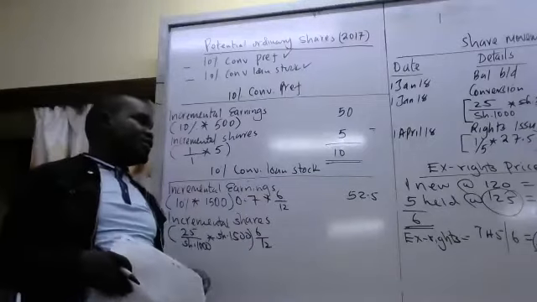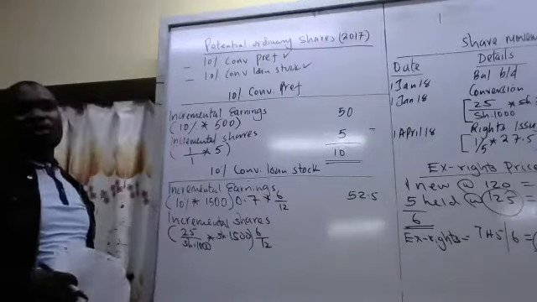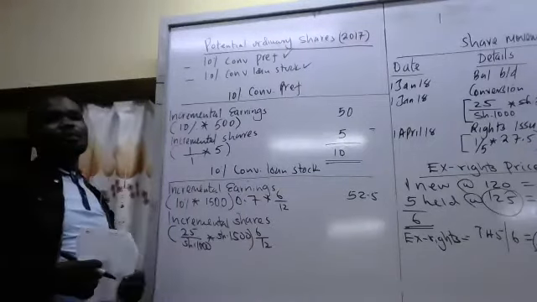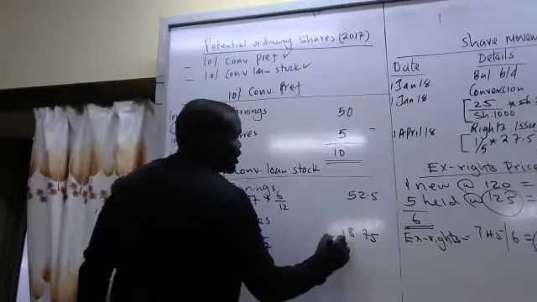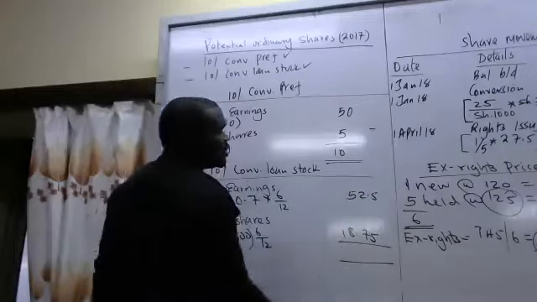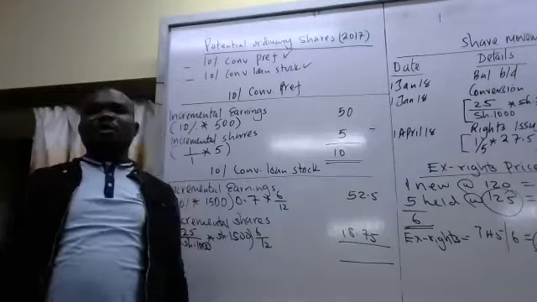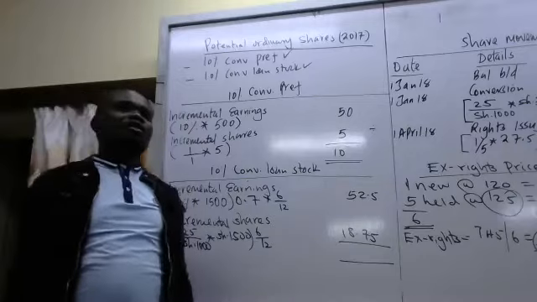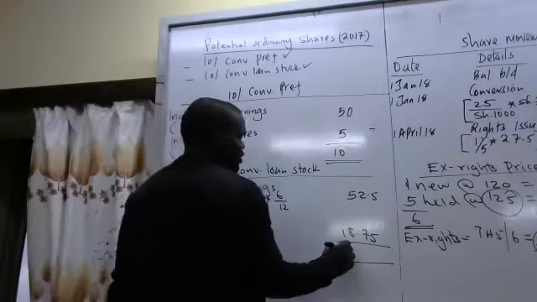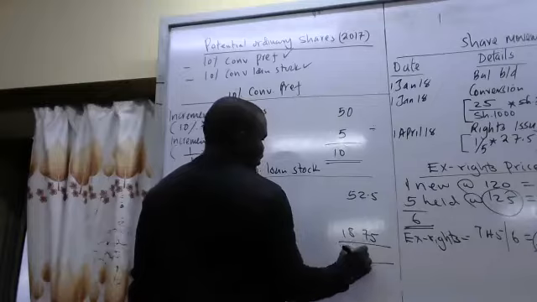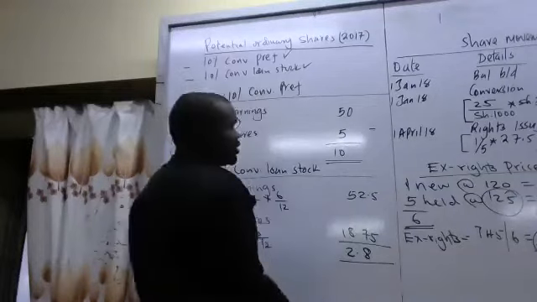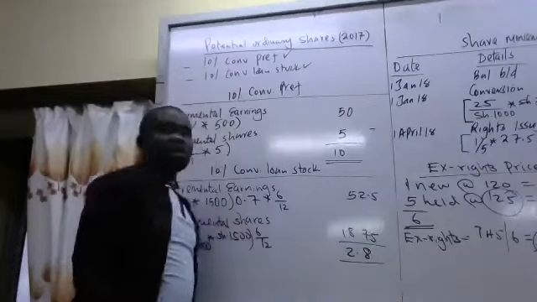That will be 18.75. Divide 52.5 by this to get earnings per incremental share: 2.8.